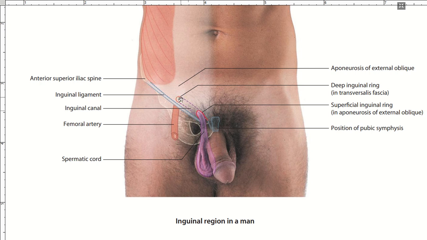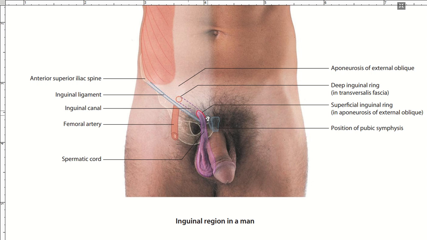You understand? Good. Superficially, we have the superficial inguinal ring. The superficial inguinal ring is a triangular defect in the aponeurosis of the external oblique. Remember, the external oblique is the one that forms the inguinal ligament.